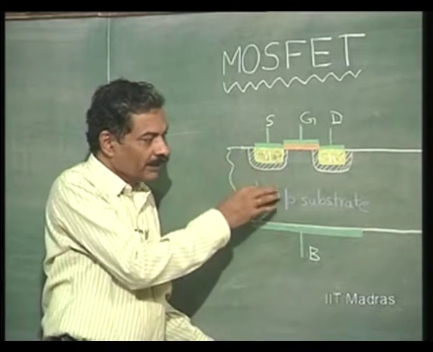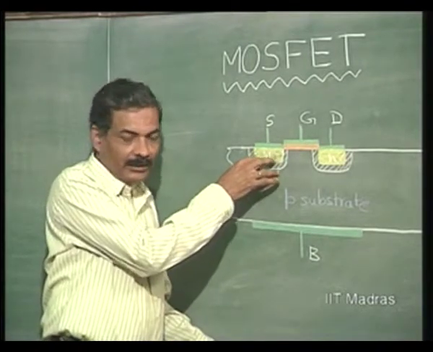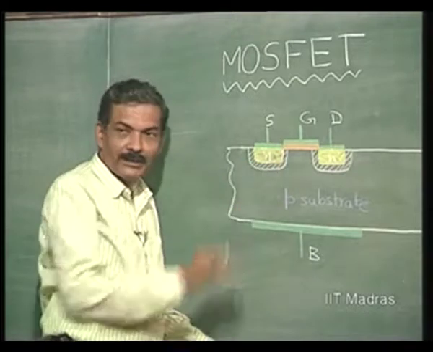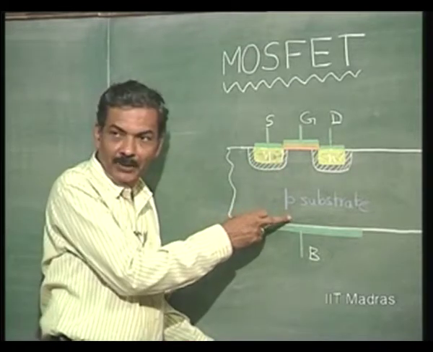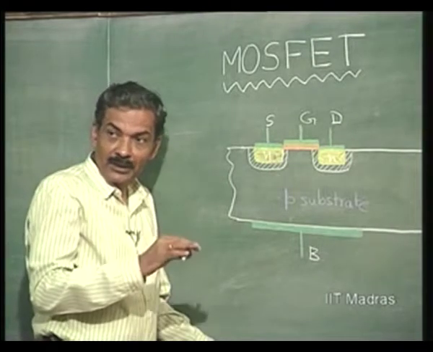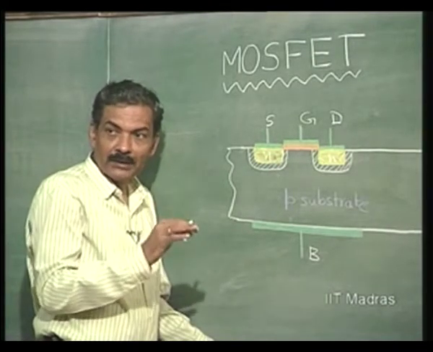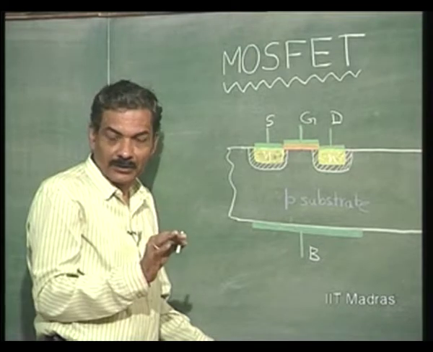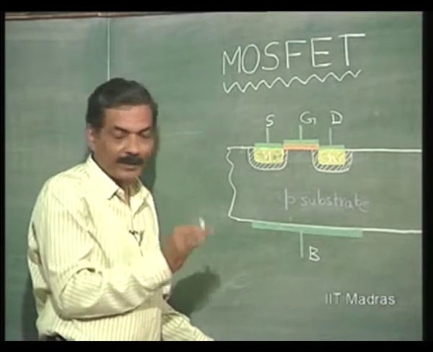So, we have a junction here, okay. So, this is always connected to the most negative potential, so that when the signal is applied, under no circumstance will it go ever to positive bias situation, okay. So, the isolation is maintained.